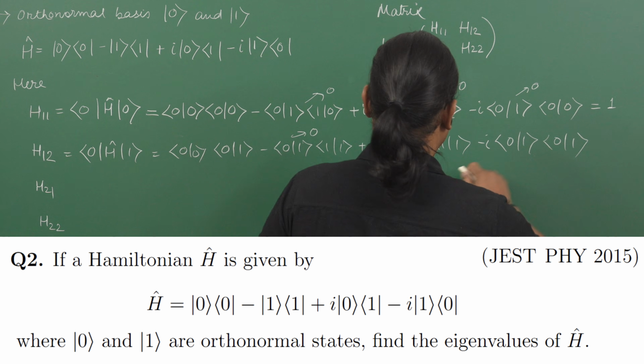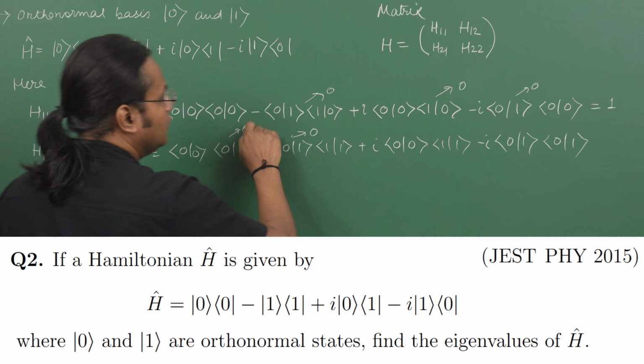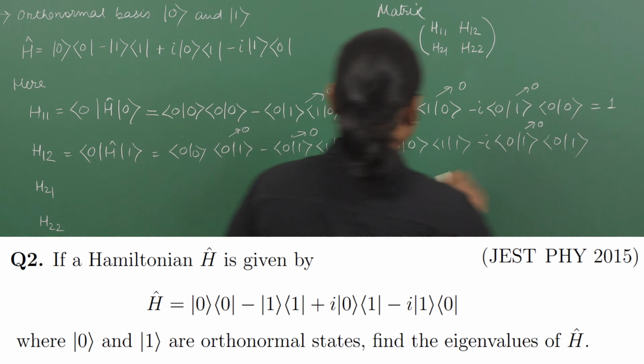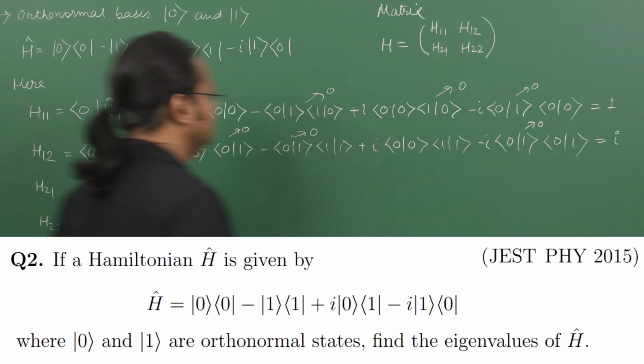And how many terms are there? 1, 2, 3, 4. This term will go to 0 and this term will go to 0, and you are left with this particular term, which is nothing but iota, right?